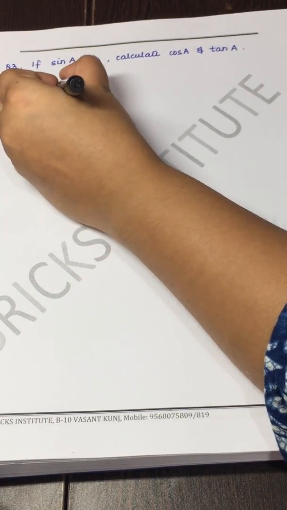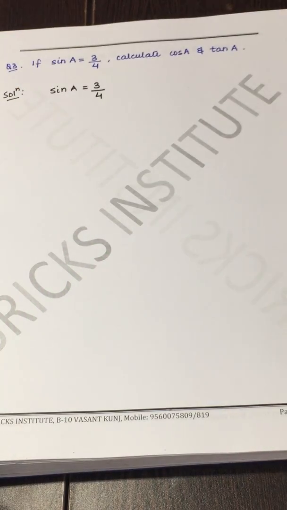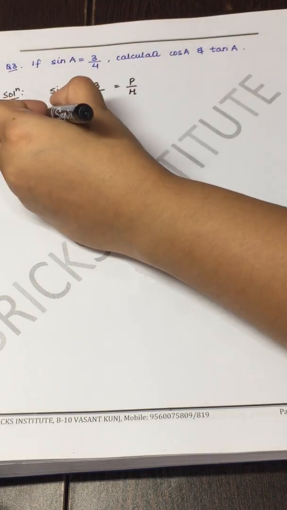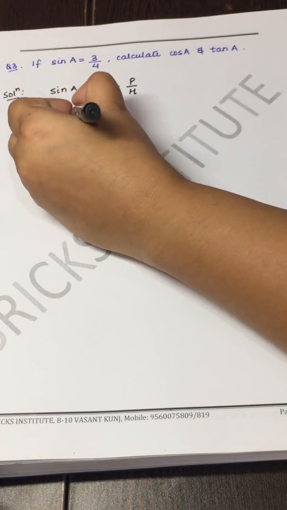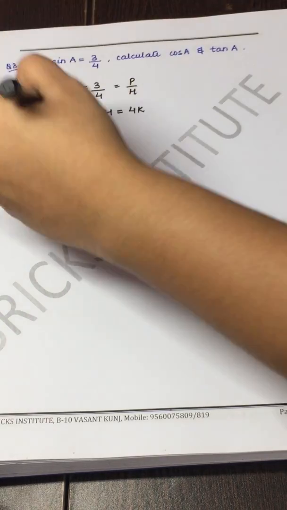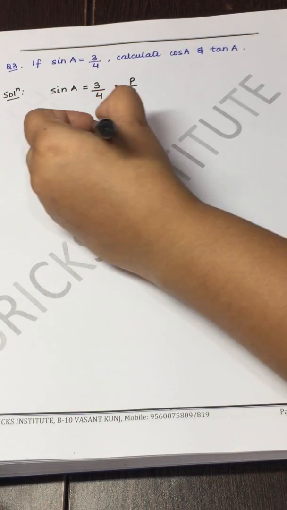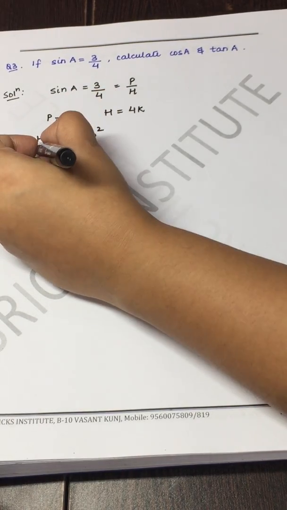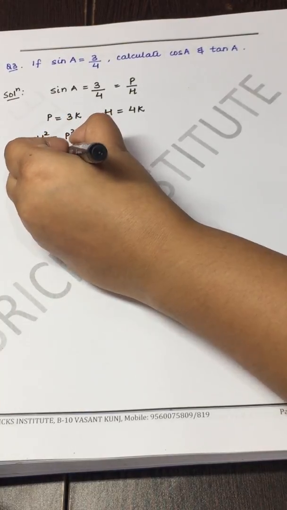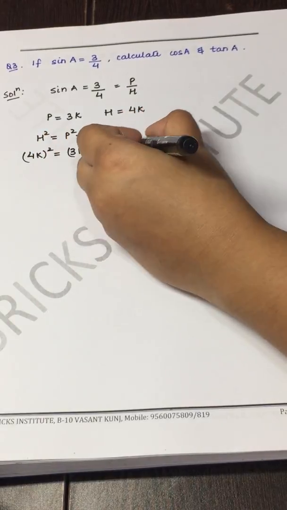So sin A is equal to 3 upon 4. We know sin is equal to perpendicular upon hypotenuse. So perpendicular is 3k and hypotenuse is 4k. Let's calculate the values. H square is equal to P square plus B square. 4k whole square is equal to 3k whole square plus B square.